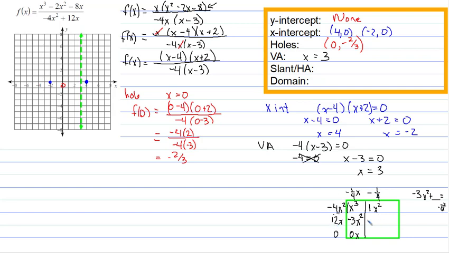Now I'll multiply down. That gives me a negative 3 and a 0. But really, these two places don't really matter. For our purposes today in finding your slant asymptote, it is just going to be what is before the remainder.